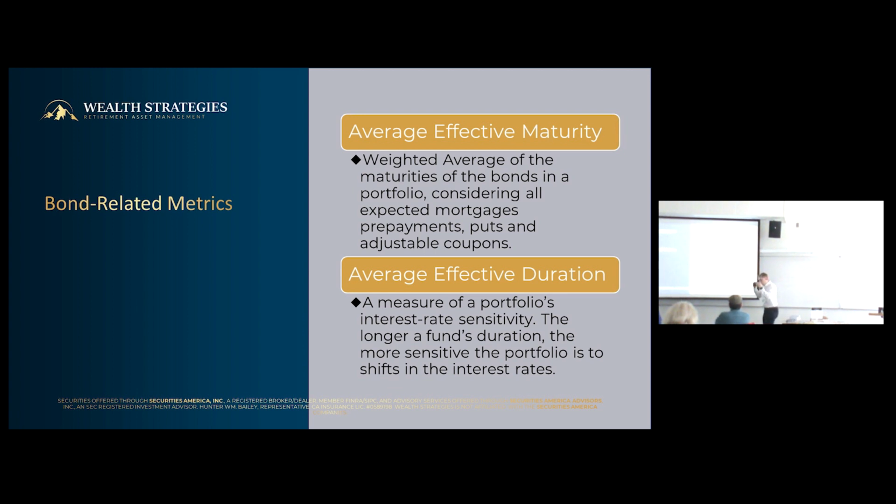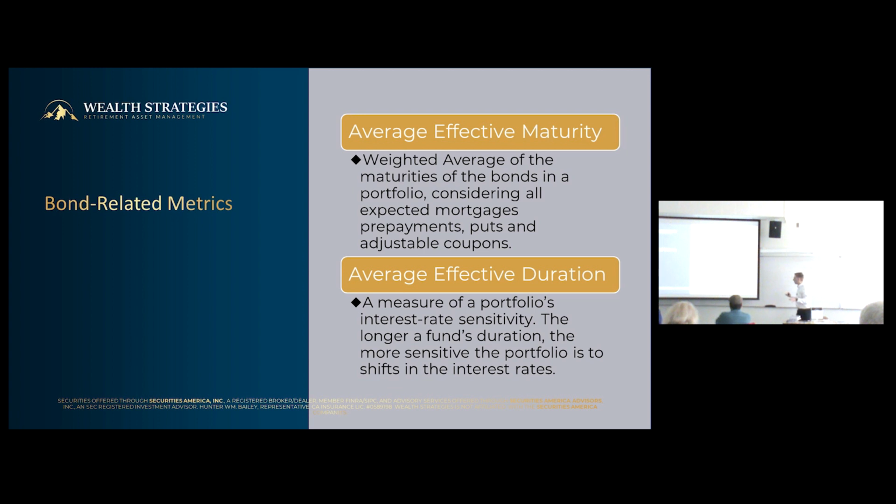But on a very, very simple level, what duration ends up being is a measurement of the portfolio's interest rate sensitivity. The longer a fund's duration is, the more sensitive the portfolio is to shifts in interest rates.